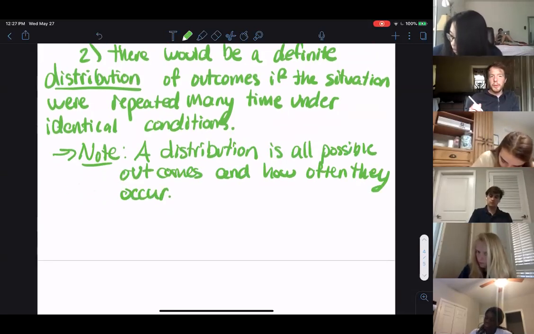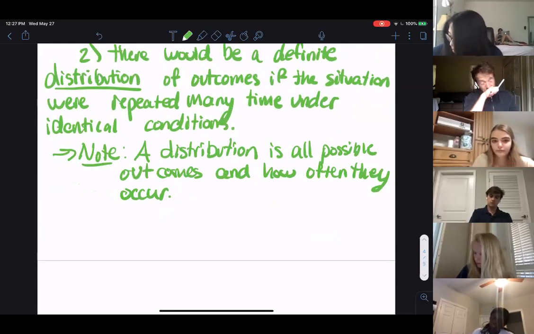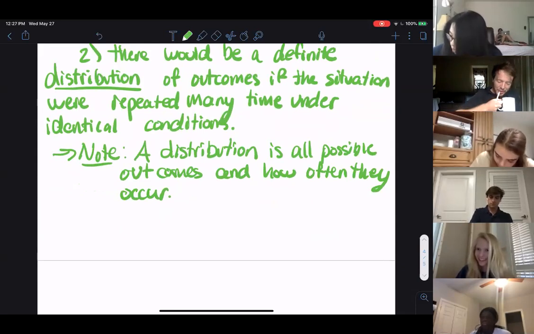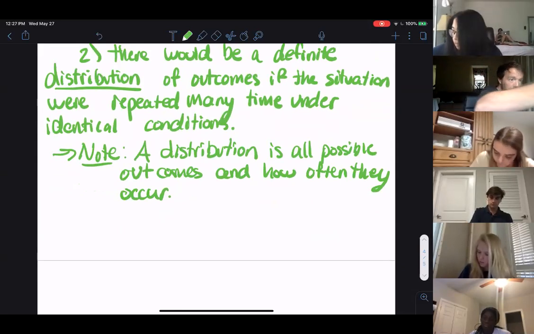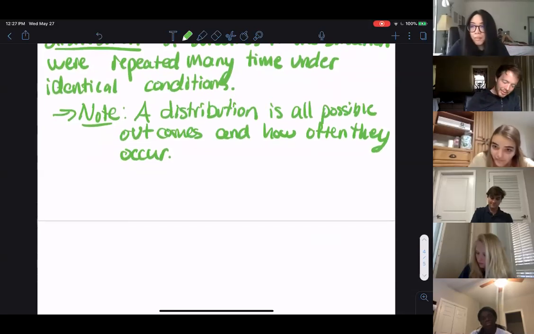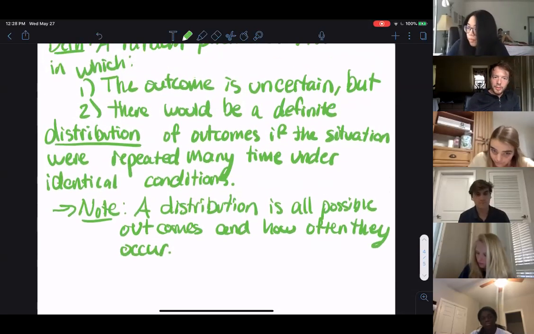So distribution is something we spoke about before, actually, when we were talking about density curves. And I'm actually going to make the connection between what I mean by distribution and what I mean by density curves in the video lecture. So something to look forward to. So this is a lot of words. Let's do an example.